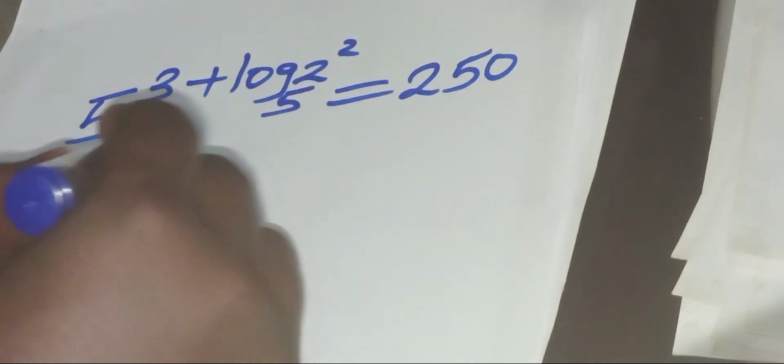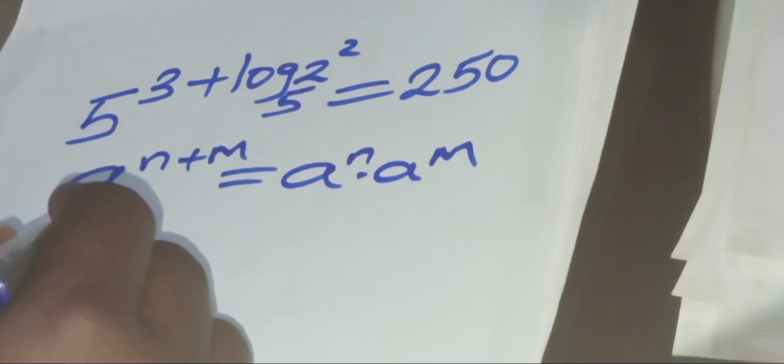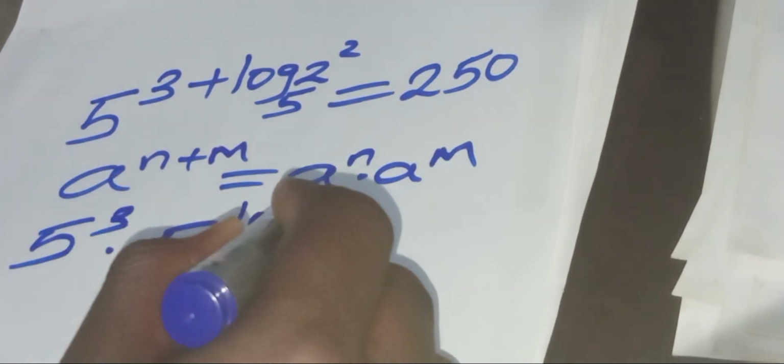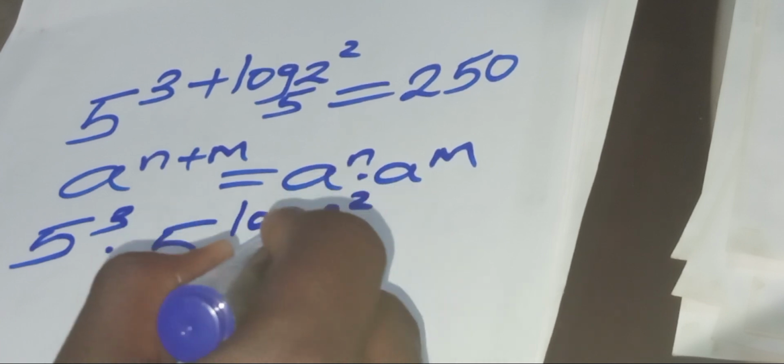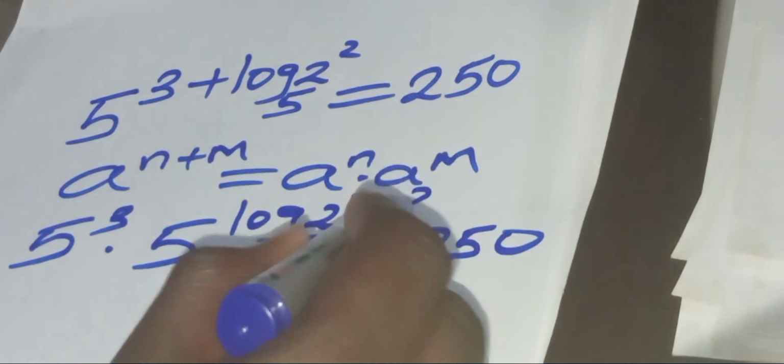We have 5 to the power 3 plus log 2 squared to base 5, which should equal 250. So actually this is in the form of a to the power n plus m, which we can express as a to the power n multiplied by a to the power m. Now, applying this indices property, we'll have 5 to the power 3 multiplied by 5 to the power log 2 to the power 2 to base 5. Let's check.